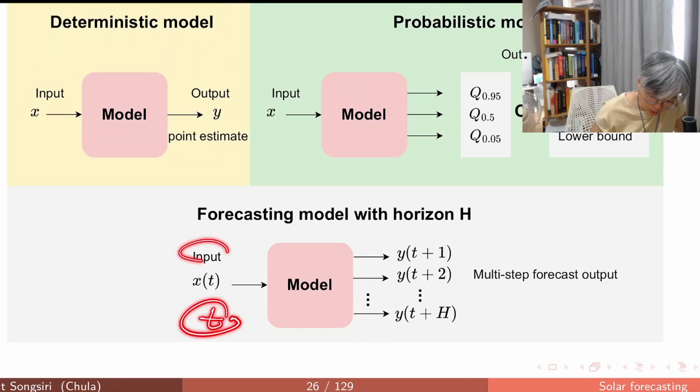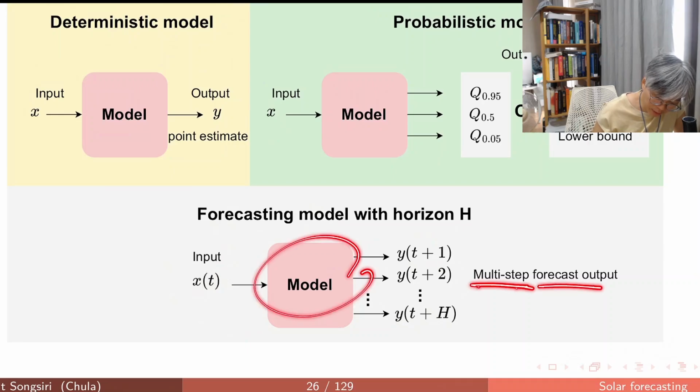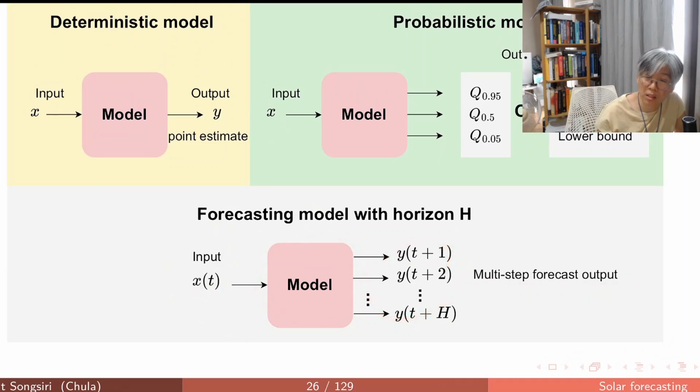The input that you feed into the model would be any variable that you think is appropriate to explain the target, but it must be available at time t. And what you're going to do is forecast the values at time t+1, t+2, up to t+h, where h is your horizon. This is the discrete time index. Typically, a forecasting model has a multi-step forecast output, so your output is a vector.